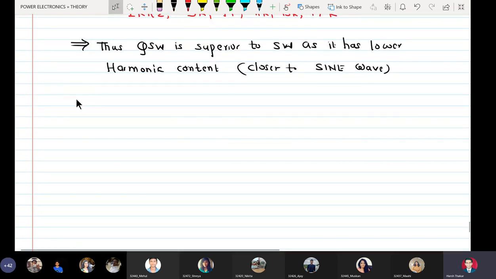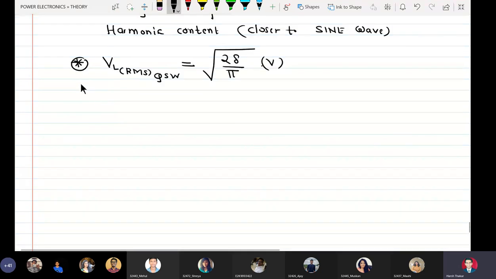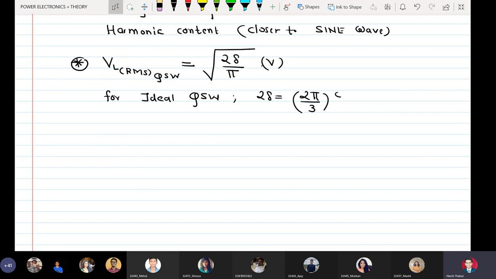Students, these formulas are important for numericals. For a Cauchy square wave, we have VL RMS of Cauchy square wave equal to under root of 2 delta upon pi into the input V. For an ideal or conventional Cauchy square wave, we have 2 delta equal to 2 pi by 3 radians.